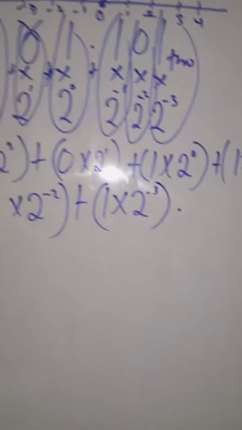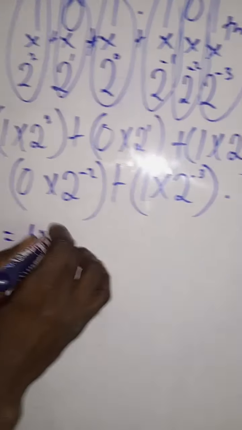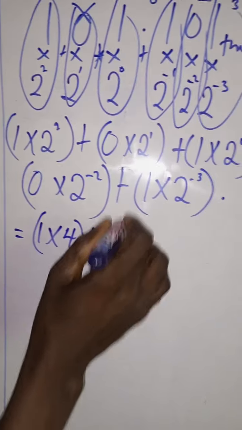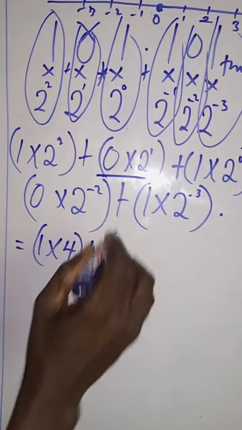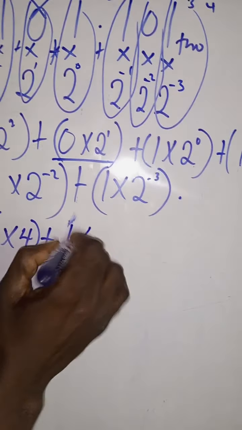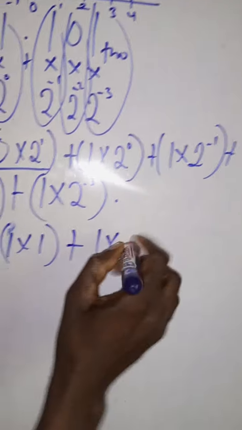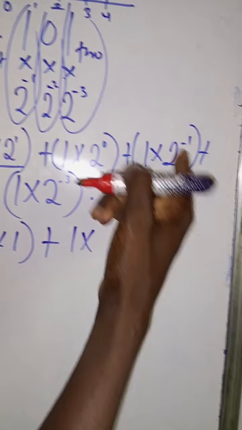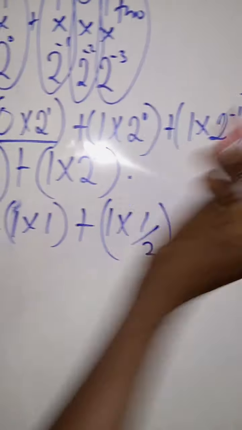So this will now be equal to, this one will give me 1 times 4. This one will give me totally 0. This is 0 plus, and this one will be 1 times 1. Plus, this one will now be 1 times what? This means 1/2. So it's inverse.